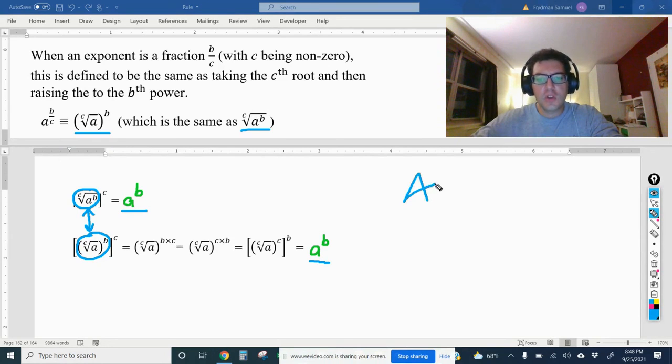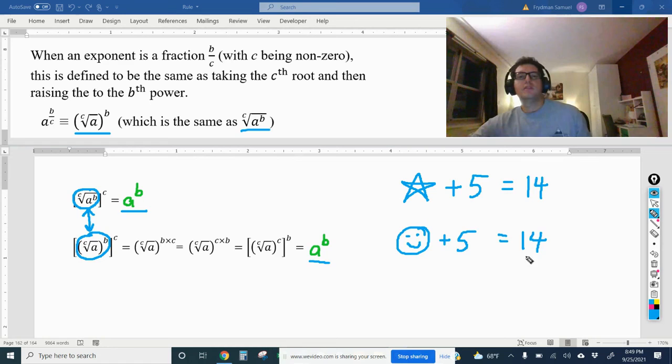Let's say that I'm going to just draw a star here. This star is like a variable. It just stands for some number or some unknown. Okay, let's say star plus 5 is equal to, I don't know, whatever, 14. And let's say also that smiley face plus 5 is equal to 14. Well, if some number plus 5 is equal to 14, and some other number plus 5 is also equal to 14, then really these two numbers must be the same as each other, right?